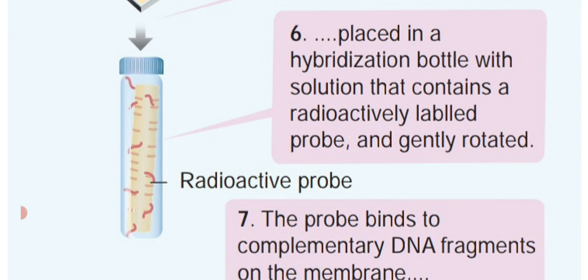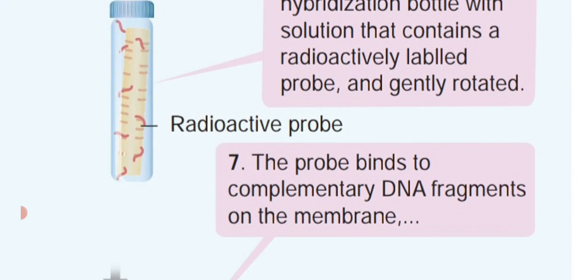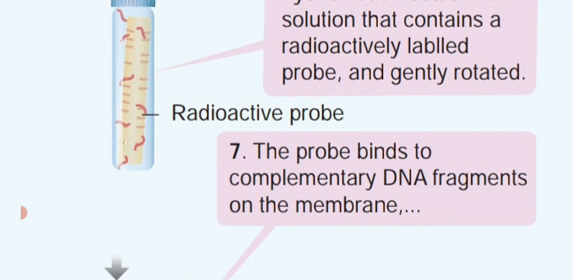The next one, the single-stranded DNA is applied to the hybridization process, which is placed into the hybridization bottle with a solution. That bottle contains the labeled probe, known as the radioactivity labeled probe, and is gently rotated. The probe binds to the complementary DNA fragments on the membrane. So on top of the DNA we are fixing the membrane, isn't it?